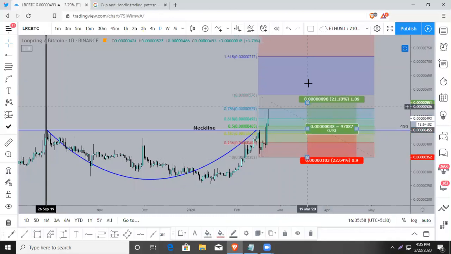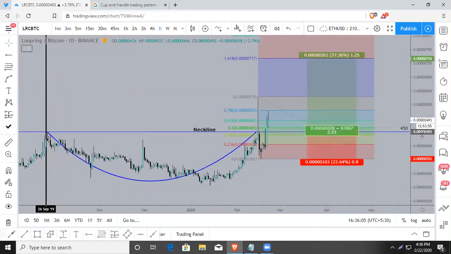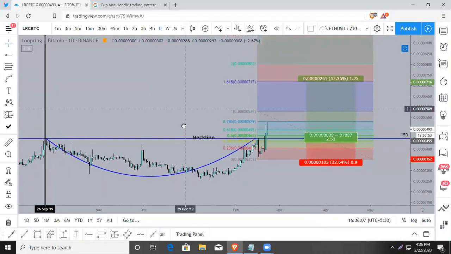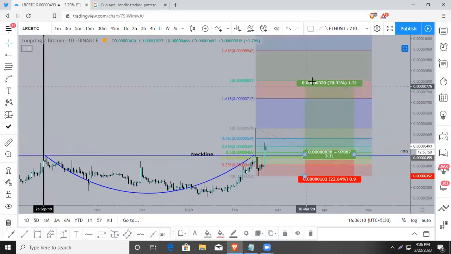And my first target would be 161%. Okay, that comes approximately 716, and that is the best area to book the profit. My second target would be 800, that would be approximately 3.3 R, and the last target would be 261%, that will give 4.75 risk to reward, right? So that would be a good trade if it goes there.